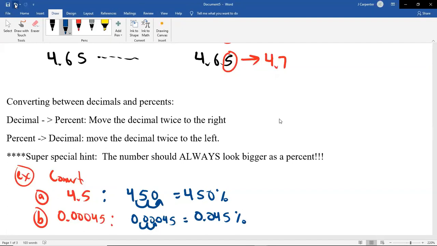Do you have to write this 0 in front of it? No. You can by hand just write .045%. It's just better notation to have a 0 in front of the decimal, because what if my decimal was like that? Oh no, I broke it. Let me just use the eraser.